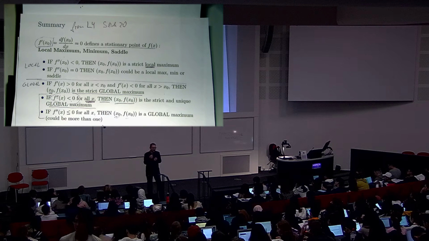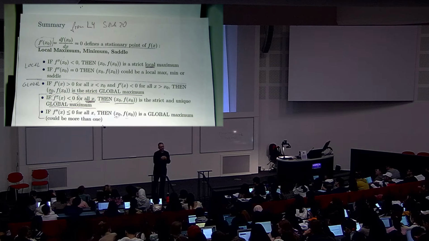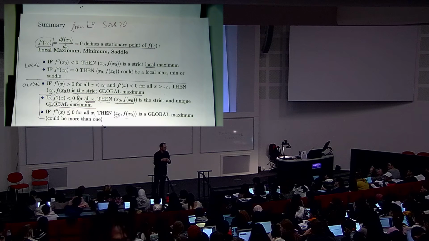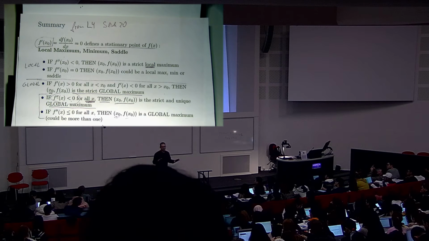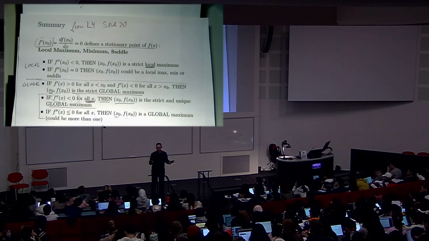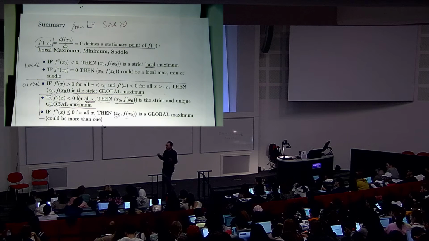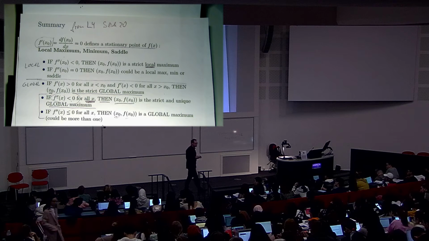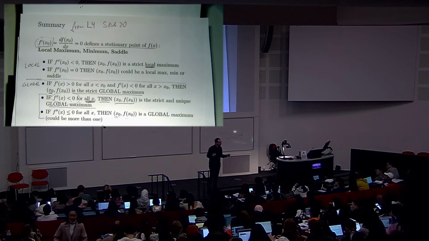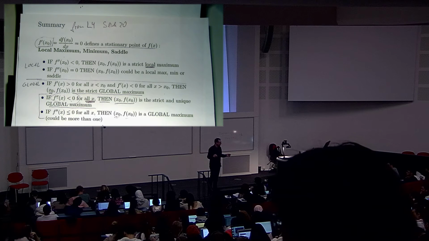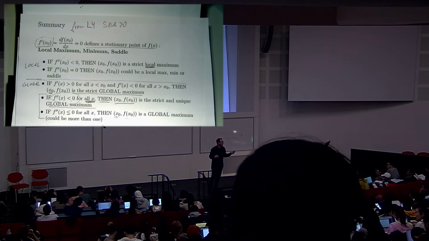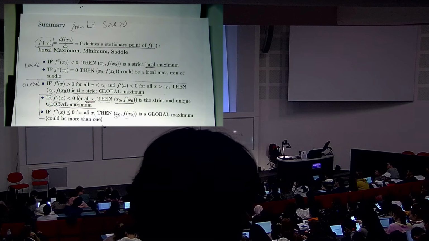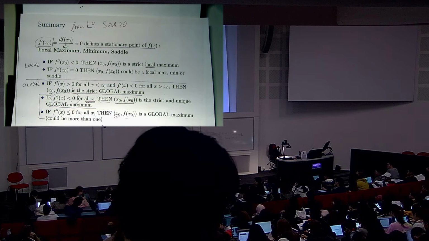If one of them is met, then you can decide we have a global maximum. But remember they are sufficient, not necessary. So there could be a situation where neither condition is met, and yet you have a global maximum.